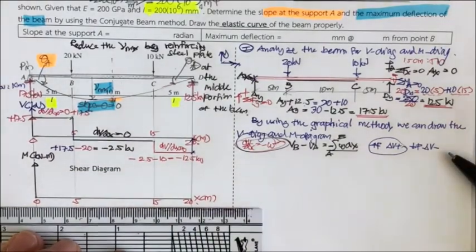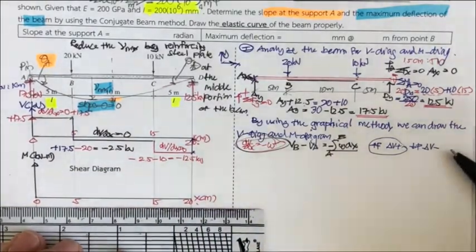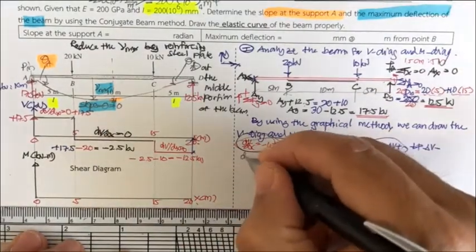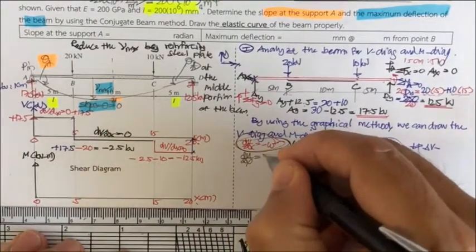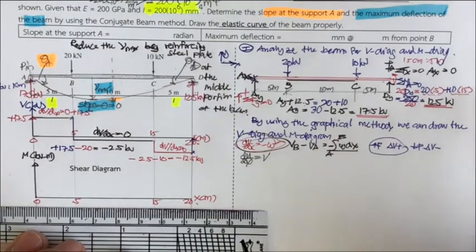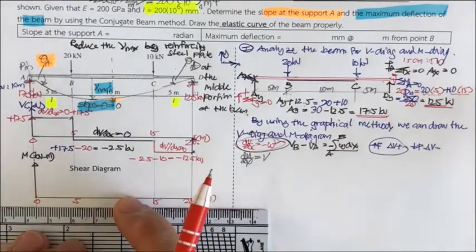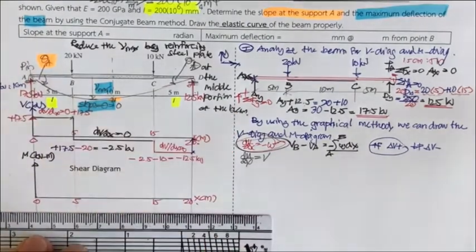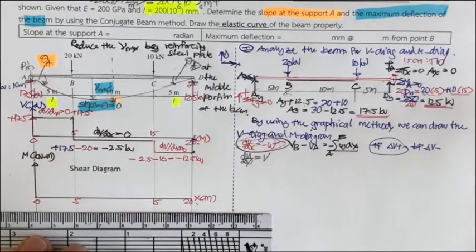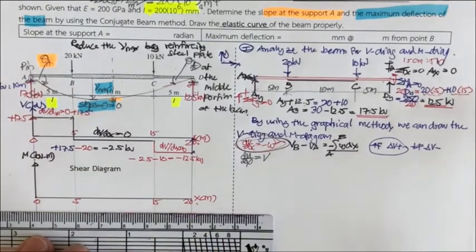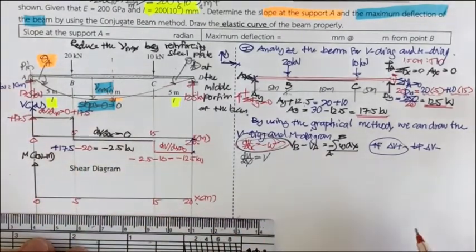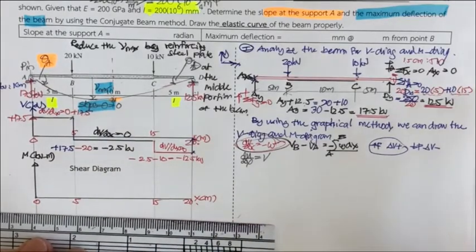Okay, and if you want to review this, you have dM by dx equal to V. The slope of the moment diagram is equal to shear. So you draw the moment diagram, you go back to the shear diagram. If you draw the shear diagram correct, your moment diagram is supposed to be correct. If you draw the shear diagram wrong, for sure, your moment diagram will be wrong.